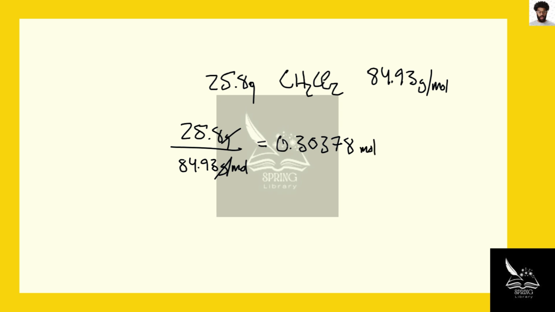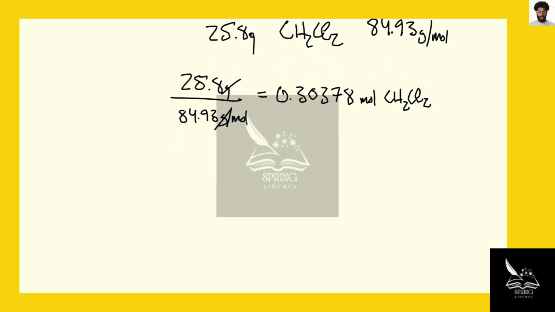moles of dichloromethane. Well, we don't want to know moles, we want to know molecules. How do we convert moles to molecules? Avogadro's number, right? Recall that 1 mole equals 6.022 times 10 to the 23rd molecules.